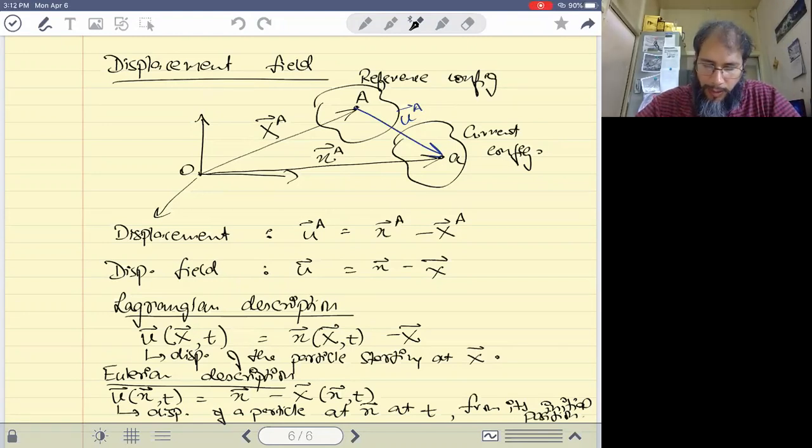So in the Eulerian description, U, or the displacement, refers to the displacement of a particle at that point small x at that time t from whatever its initial position was. So we don't know the initial position unless we know the chi function. But U will contain the information of a particle at small x at a given time from its initial position, whatever it was. So that's the Eulerian description of the displacement field U.